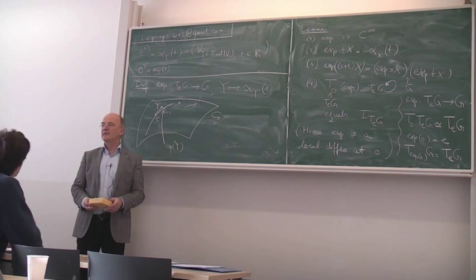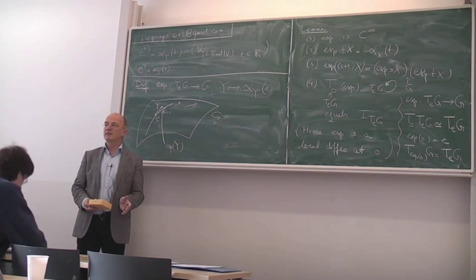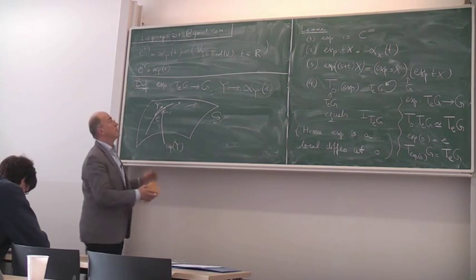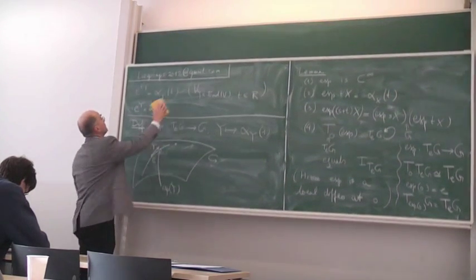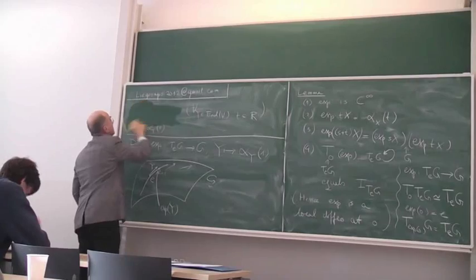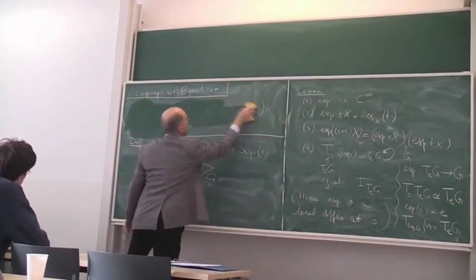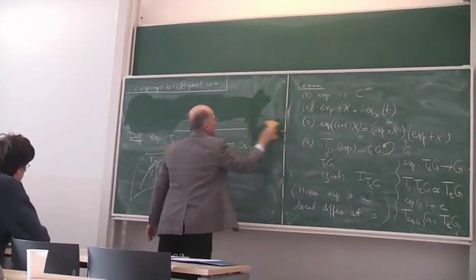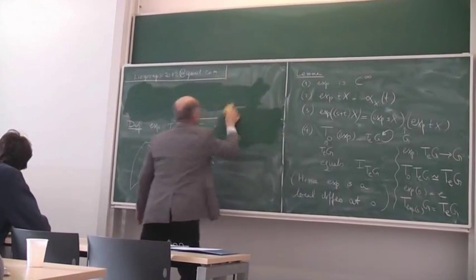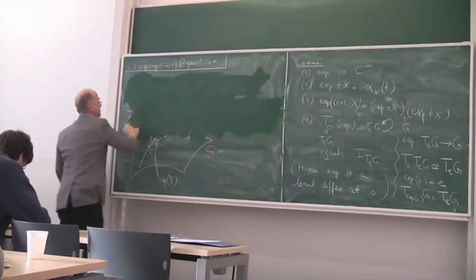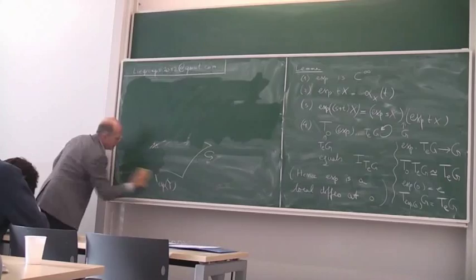And that is that there is a very natural relation with homomorphisms. So suppose we have two Lie groups, and this is something that is so important that I'm going to prove it again on the blackboard.